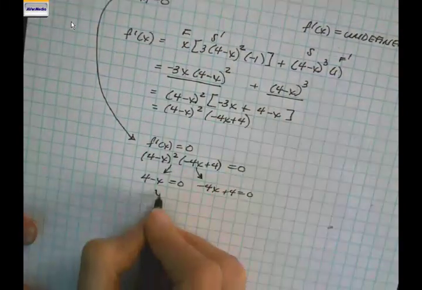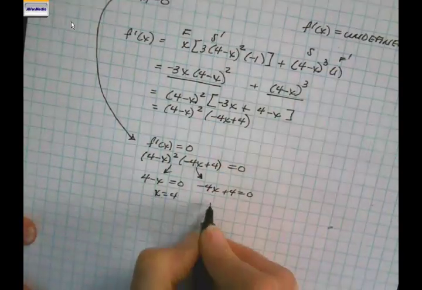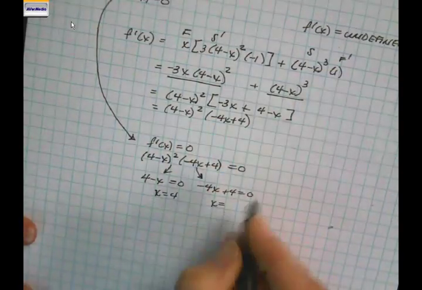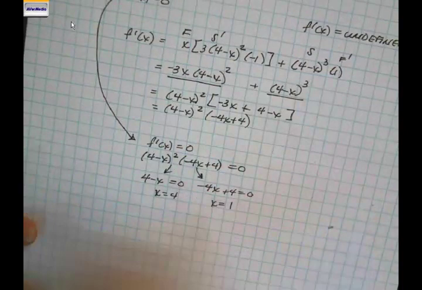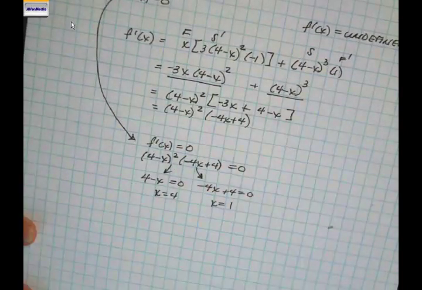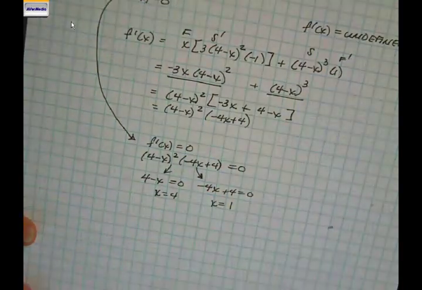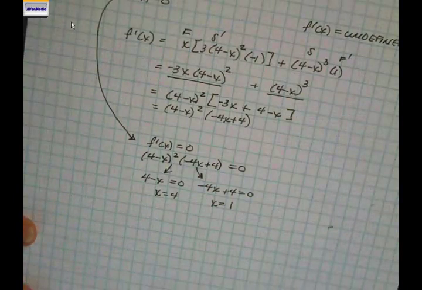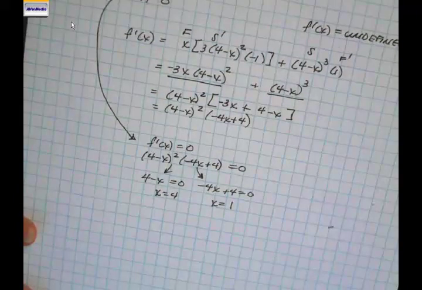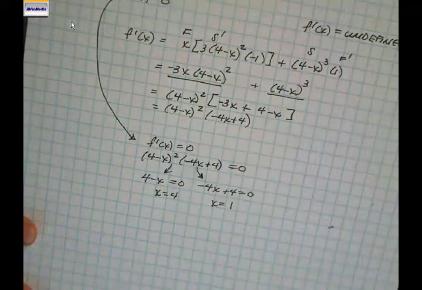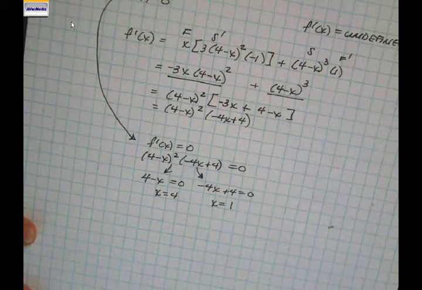So you're going to get what? x equaling 4 is one critical value and x equaling 1. It is, which you take 4 minus x times 4 minus x, right? Which is going to give the same outcome. It's called the double root kind of thing, remember? So there's two critical values.